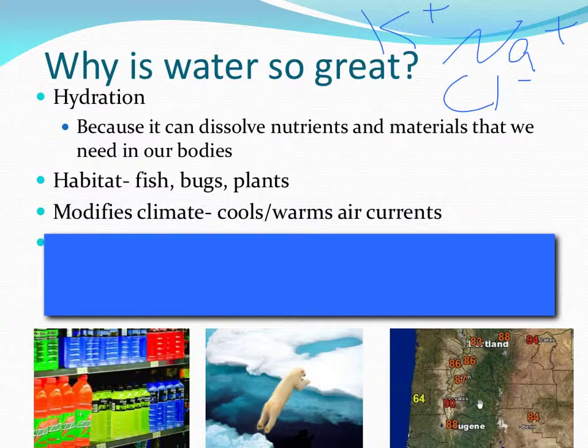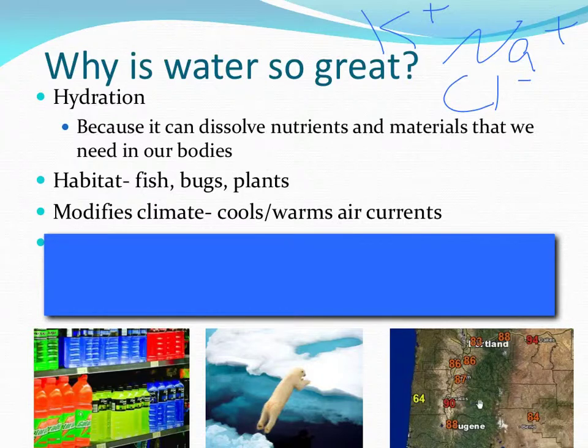Look at this weather map down here. In the valley, this is very, very warm. This is in the middle of summer, like in July I think I took this. So 90s over here, and what is it on the coast? 64. Why? Because it's close to the ocean. That Pacific water is very, very cold. That cools off the air currents coming over. So it's pretty much always cooler over here in the summertime, and then in the wintertime you'll have the reverse, where it'll be a little bit warmer over on that side.